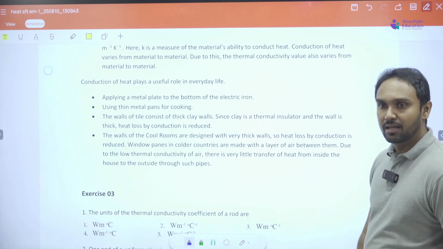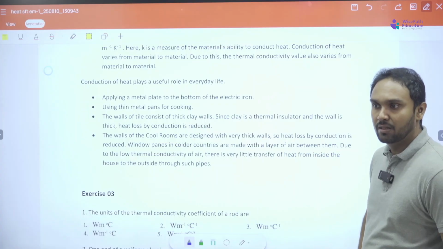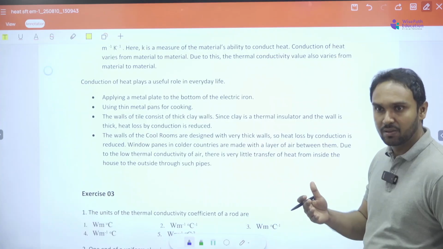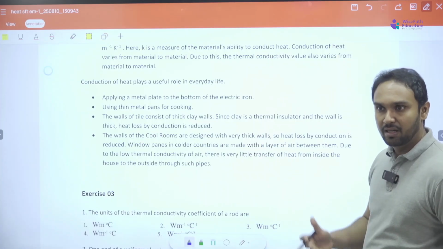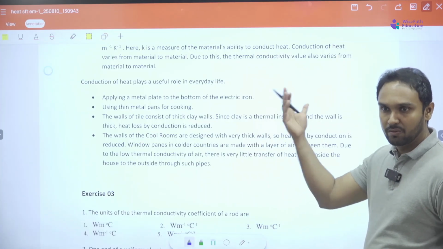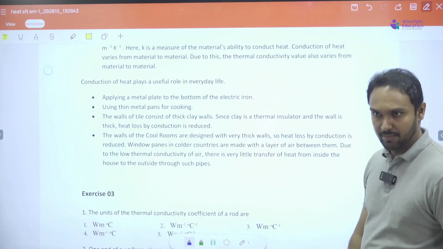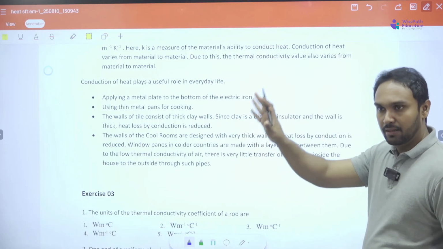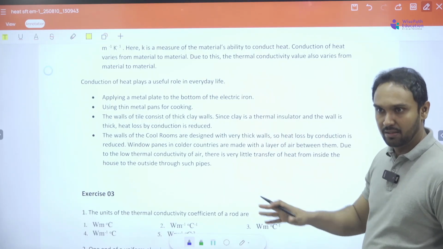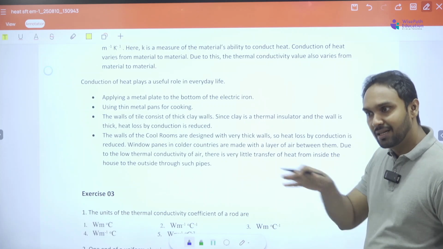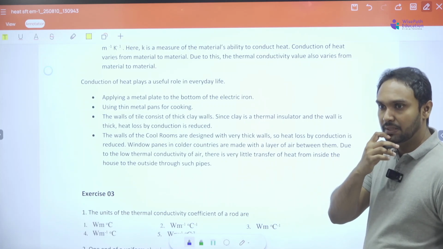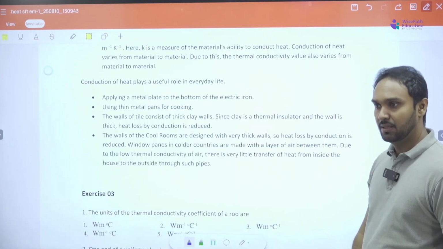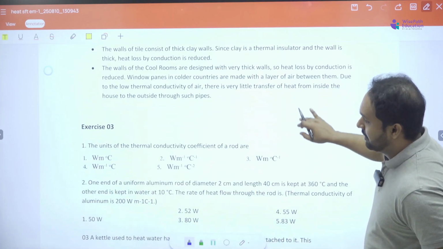Heat is lost through conduction mostly in the walls, right? If conduction occurs, the heat is rapidly wasted, really fast. But if you make a space in the walls with air filled in it, or a vacuum, which is better, the heat will stop decaying to the environment. Get it?